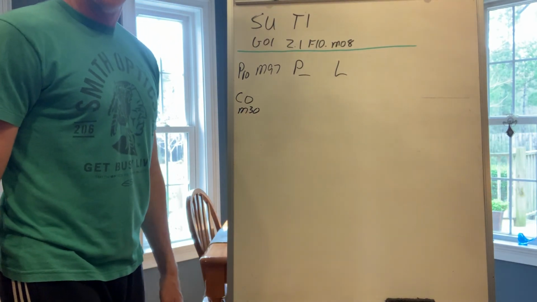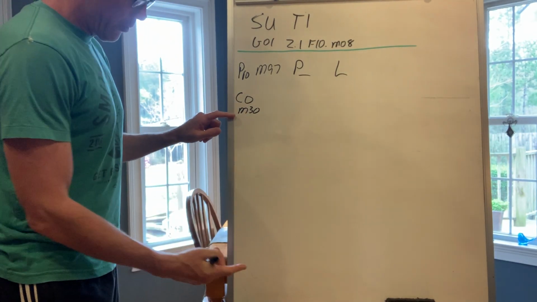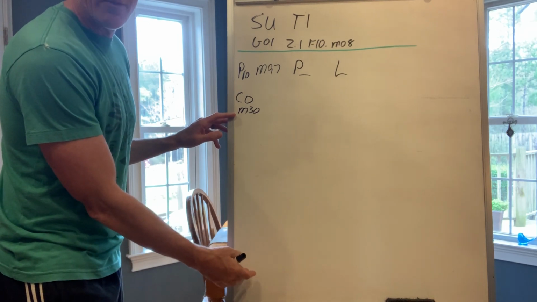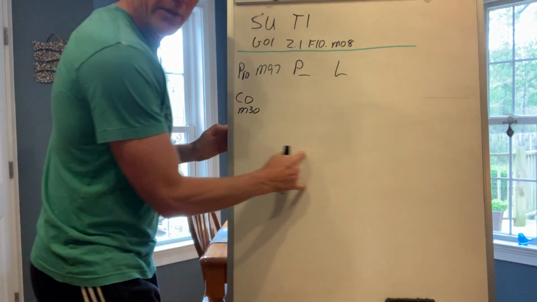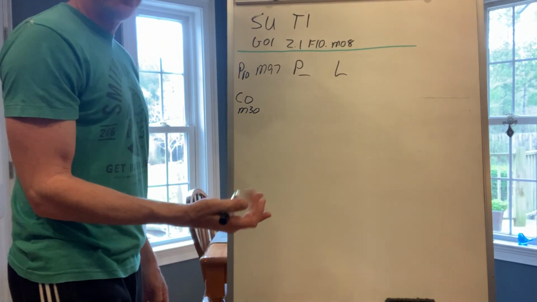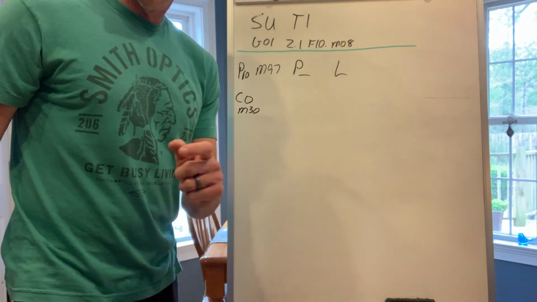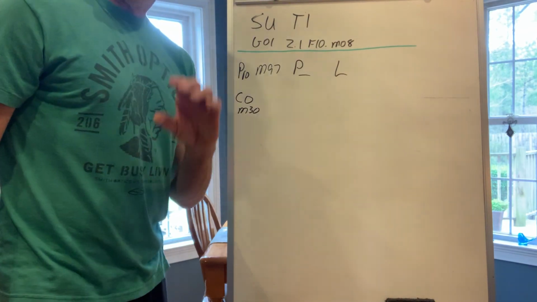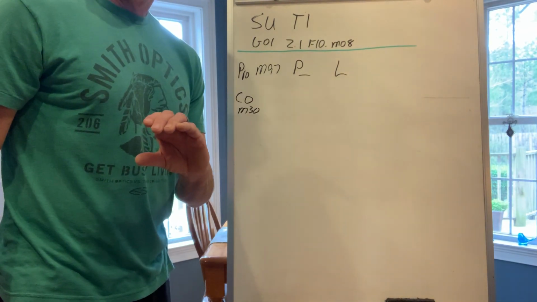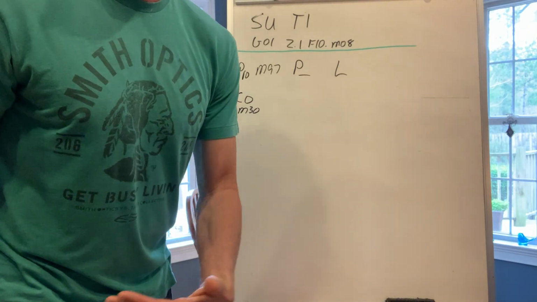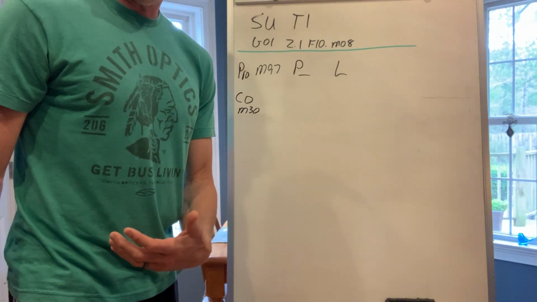Okay? So now, between this M30 and the final percent sign that I'm going to put down here, this is where your sub has to be written. And here is the key right here. We've already determined that the part is 500 thousandths thick. So we want to end up about 525 in depth.